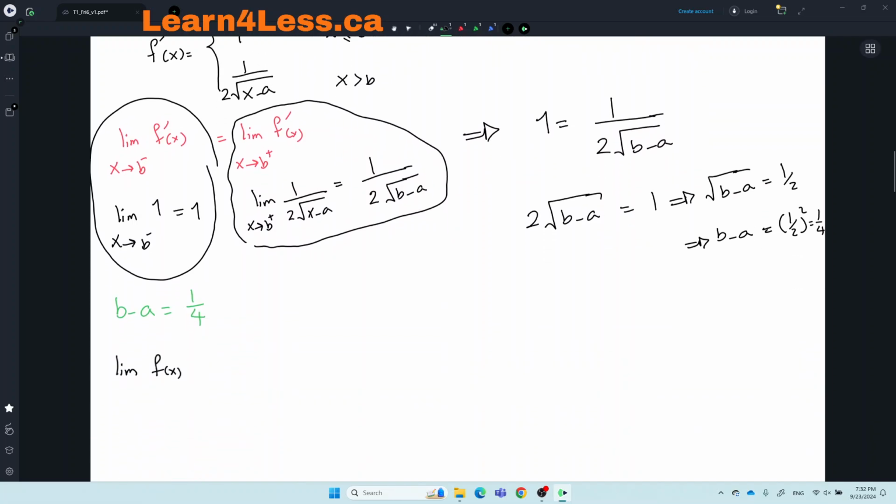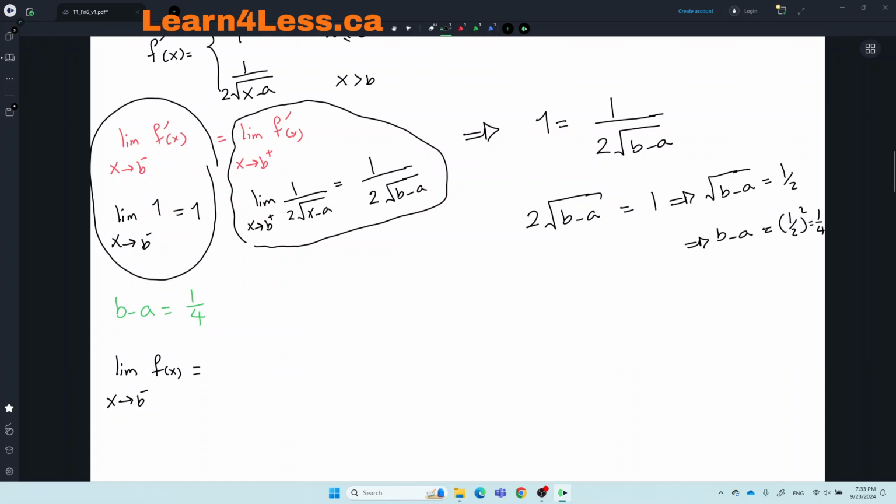So we'll take the limit of f of x as x approaches b from the left. Just pay attention, here it was f prime; here it's just f, because in the first part we were checking the continuity of a derivative, and here we are checking the continuity of the function itself.